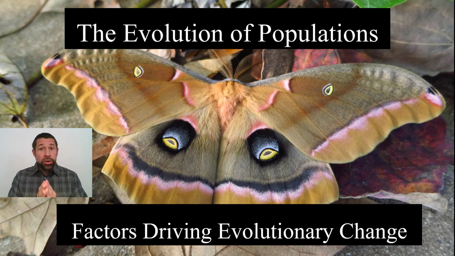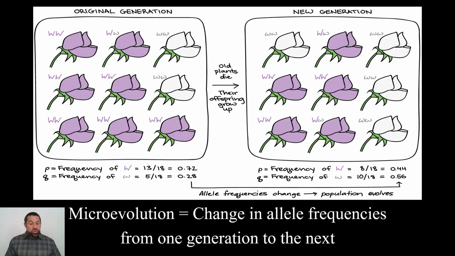So, short lecture here. What I'd like to do is hone in on those three factors that drive the vast majority of evolutionary change, ultimately sculpting exquisite adaptations like the false eye spots on the giant silk moth that you see on your screen. So we're still thinking herein about microevolution.